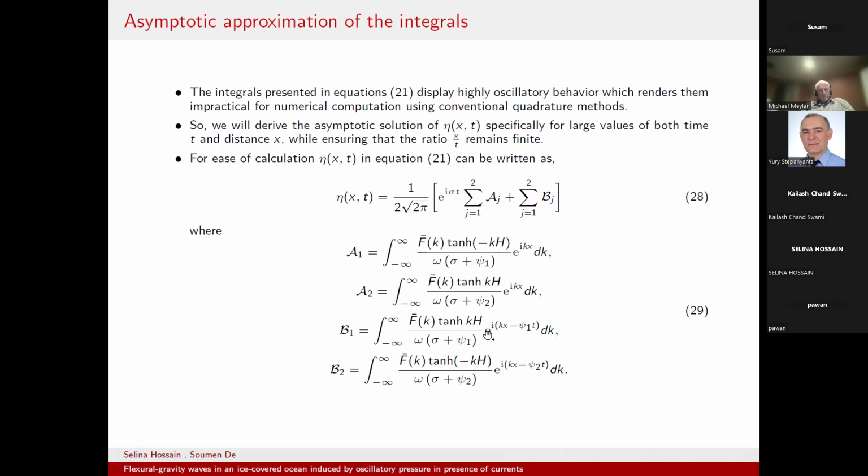To solve these integrals asymptotically, first we have to identify the singularities of the integrals. If we look into the integrals A1 and A2, we can observe that these integrals contain poles, and integrals B1 and B2 contain both poles and stationary points.